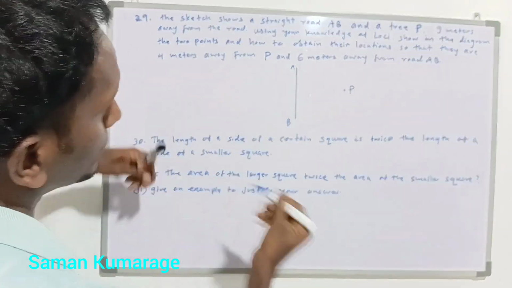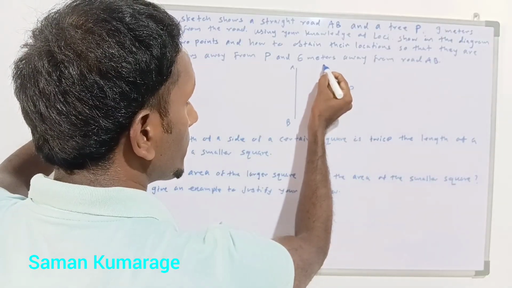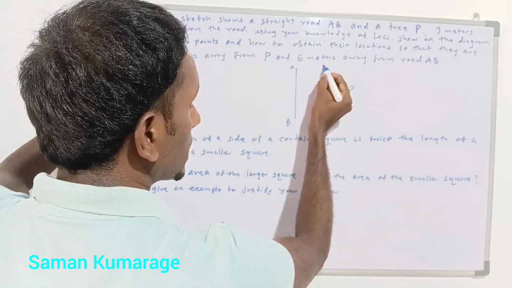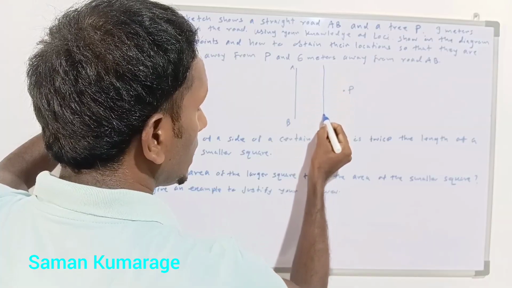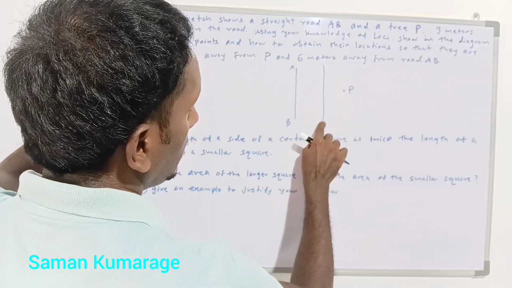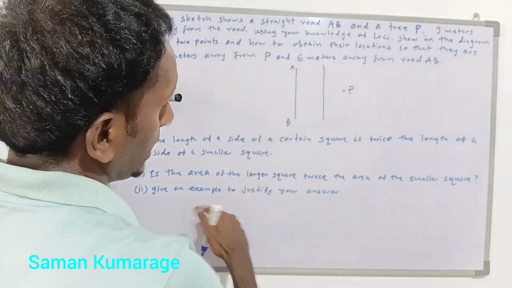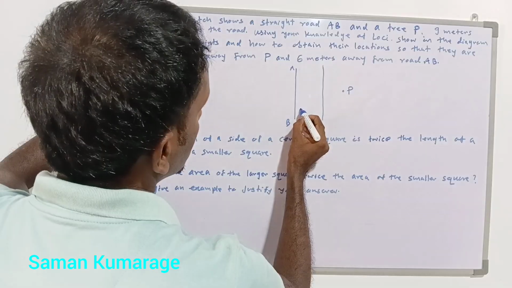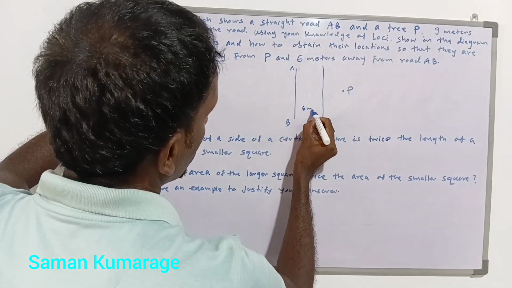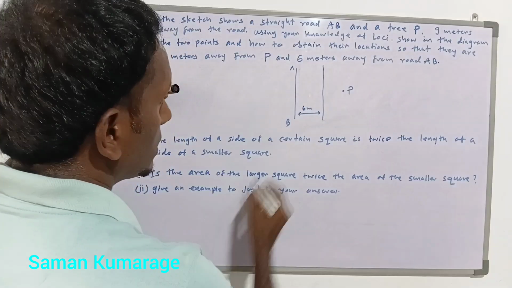For this, first draw a line parallel to AB, and the distance between this drawn parallel line and the line AB should be 6 meters.